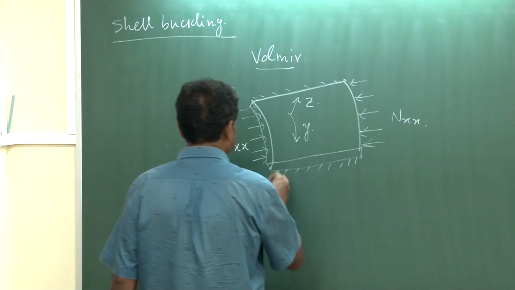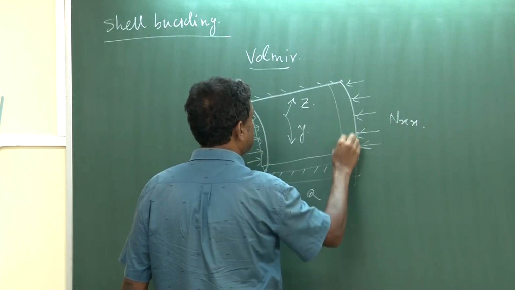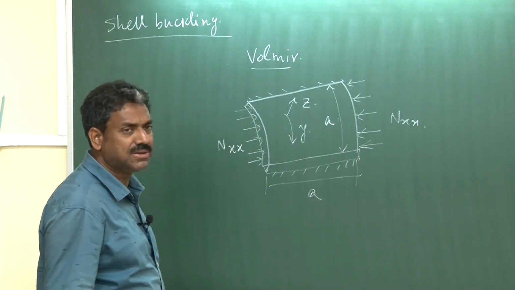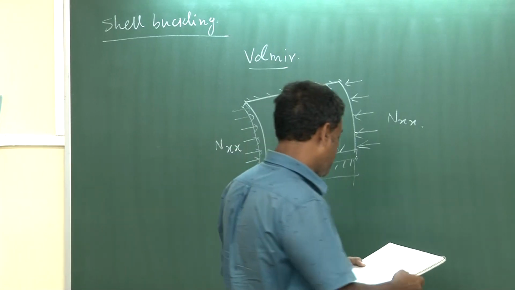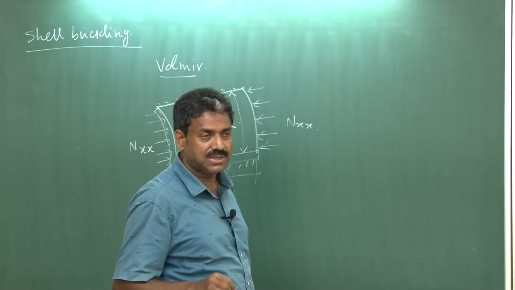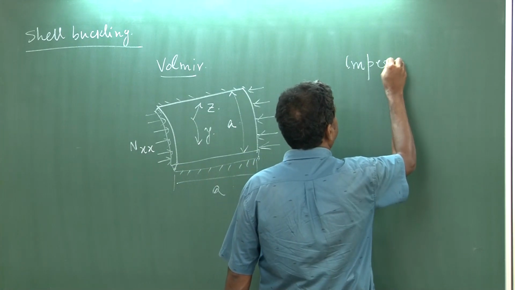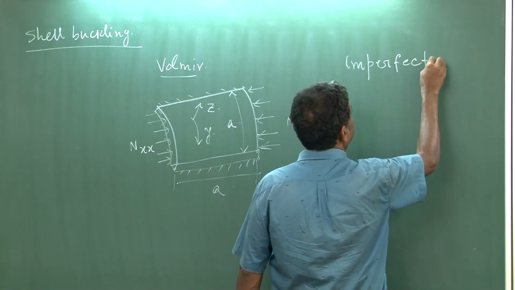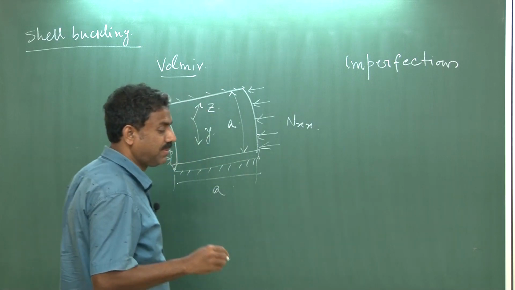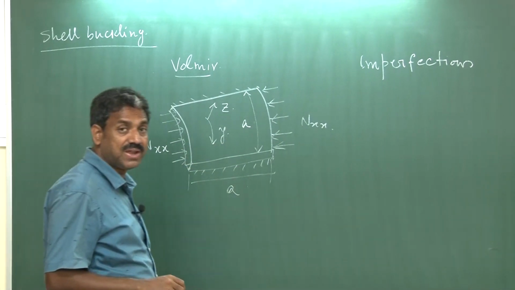Essentially the same steps we are going to follow. We have also assumed that this is of length A, and in this direction it is also of length A. Why both A? Because of the simplification. Another interesting thing is that we must consider the imperfections. In the previous class we included the term of imperfection in the strain displacement relationship.